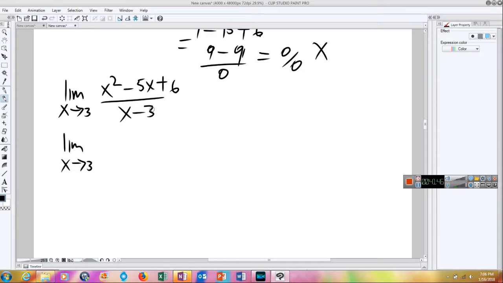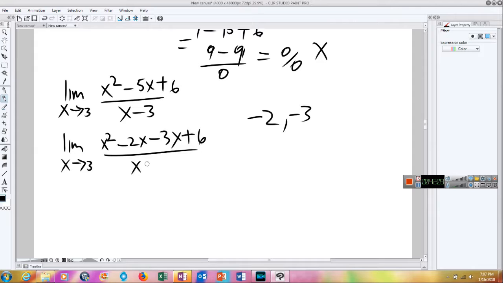And for the purposes of saving time, we're just going to say you have negative 2 and negative 3. So we're going to say the limit as x tends to 3 for the function x squared minus 2x minus 3x plus 6 over x minus 3.